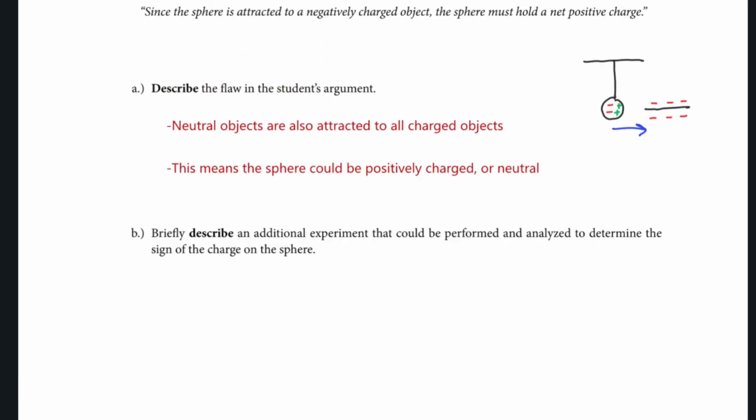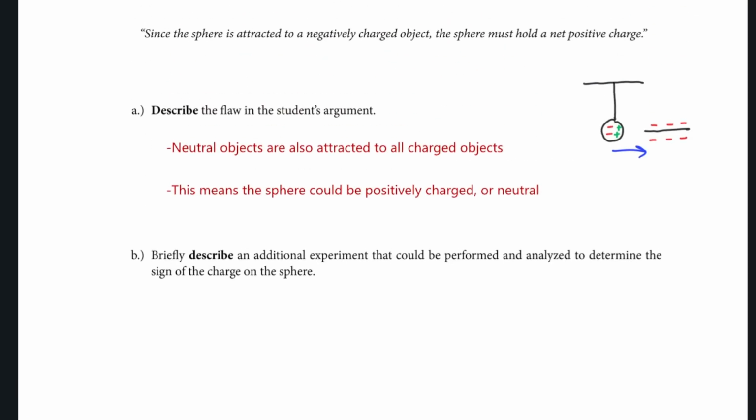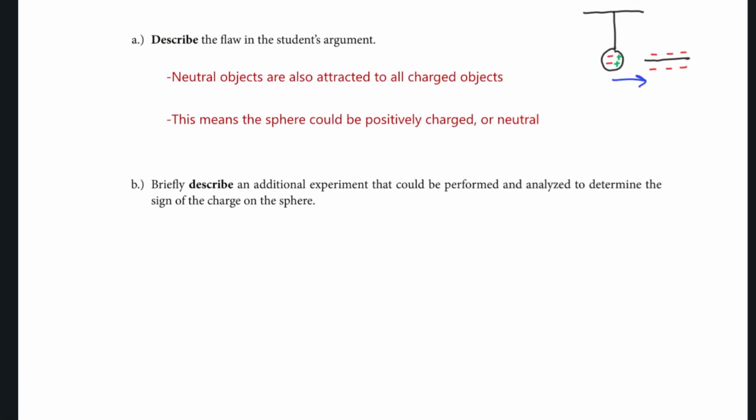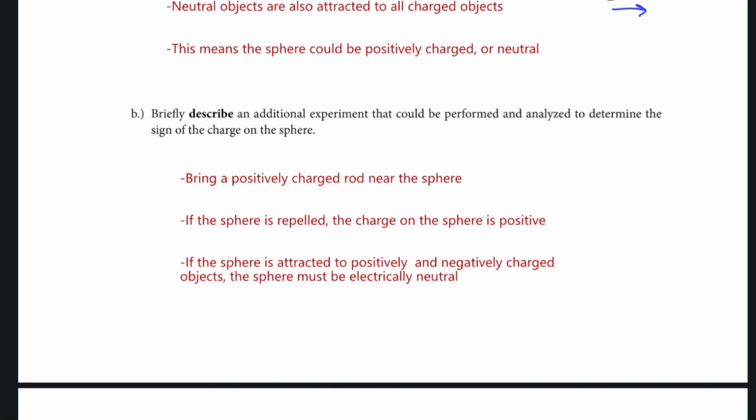So that is anything that could definitively say whether the sphere is neutral or not. So we probably need a positive rod for that. If you bring a positively charged rod near the sphere, that's enough to figure it out. Because first of all, the easiest case is there's no way to get repulsion if you're uncharged. So if you get repulsion, you instantly know what sign the charge is.